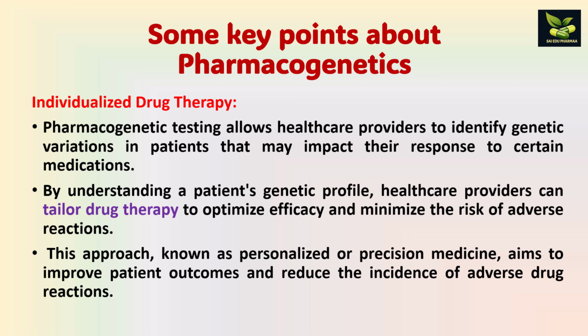By understanding the genetic profile, they tailor the drug therapy to optimize the efficacy and minimize the risk of adverse reactions. This approach is known as personalized or precision medicine as it aims to improve patients' outcome and also reduces the incidence of adverse drug reactions. So, the first key point of pharmacogenetics is individualized drug therapy.